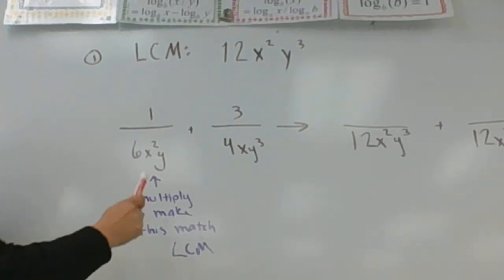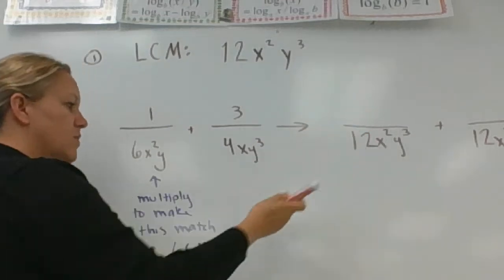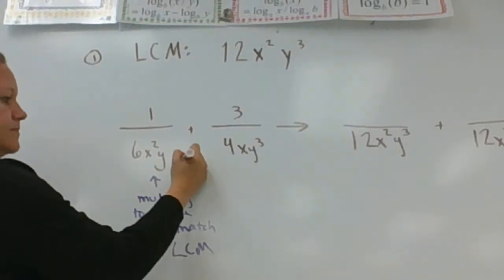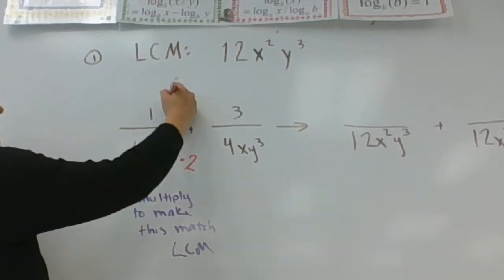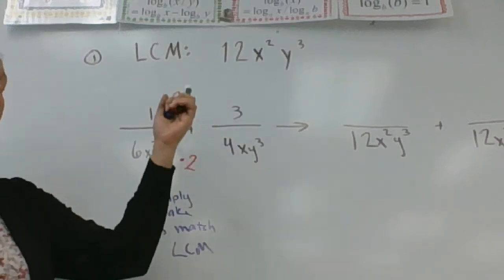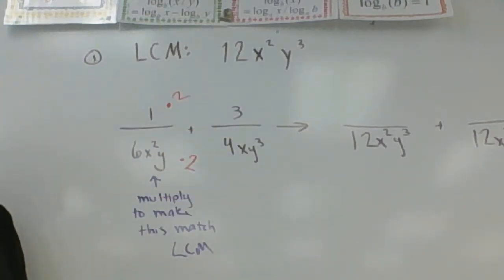So how do I make 6 turn into 12? I'd have to multiply it by 2, which I'm allowed to do as long as I also multiply the top by 2. So that's how I turn that into 12. I multiply the top and bottom by 2.